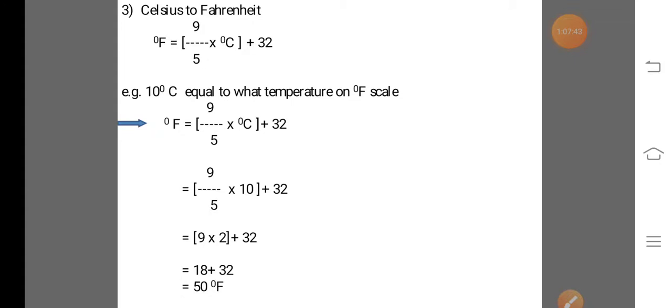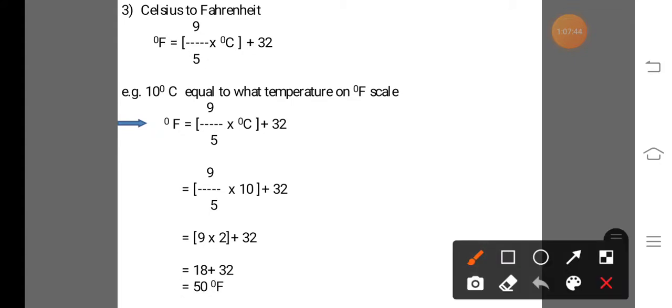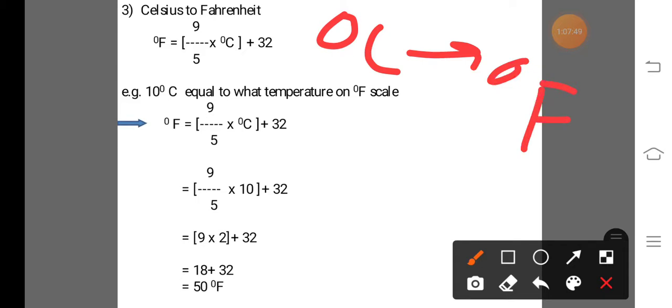Now the next, conversion of degree Celsius to degree Fahrenheit. The formula for conversion of degree Celsius into degree Fahrenheit is degree Fahrenheit is equal to, in bracket, 9 upon 5 into degree Celsius, bracket completed, plus 32. This is the formula for the conversion of degree Celsius to degree Fahrenheit.